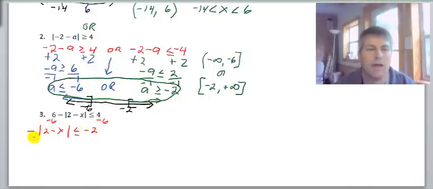Then, because we don't have anything stripped away, we still got that negative 1 hanging out in front of the absolute value bars. So I'm going to divide by that negative 1. If I divide by a negative number, I'm going to have to flip that inequality. So we'll get the absolute value of 2 minus x is greater than or equal to positive 2.